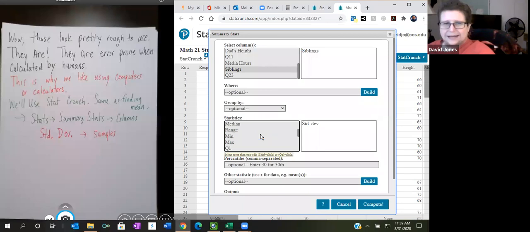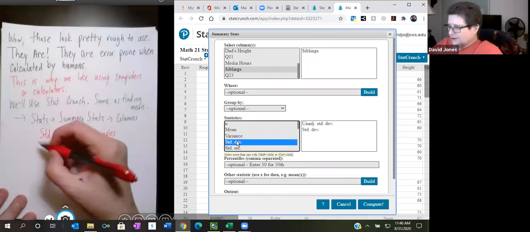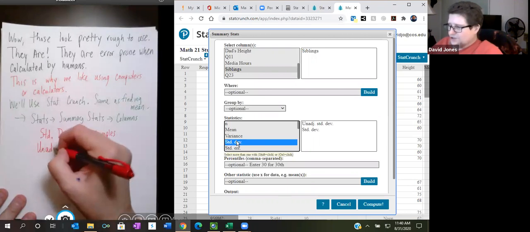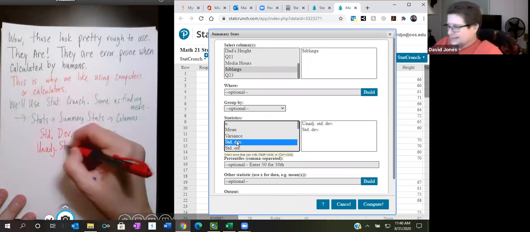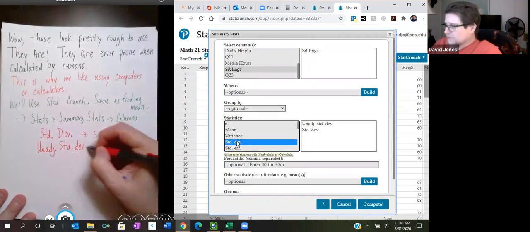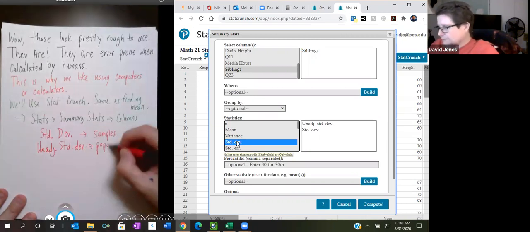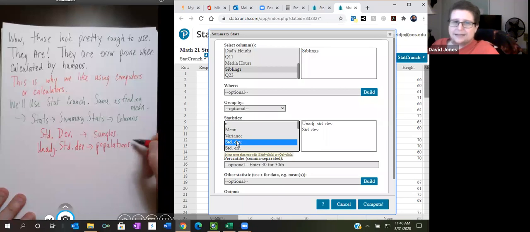And it's a little different. If you scroll all the way down, you see unadjusted. So I've got unadjusted and that. The unadjusted, UNADJ. std. dev., is for populations. We rarely have that. You're usually using the top one.